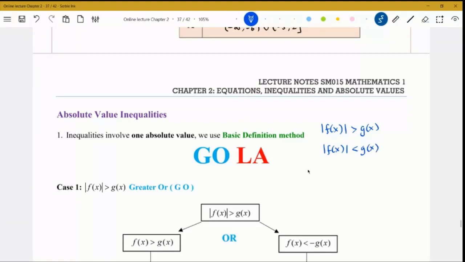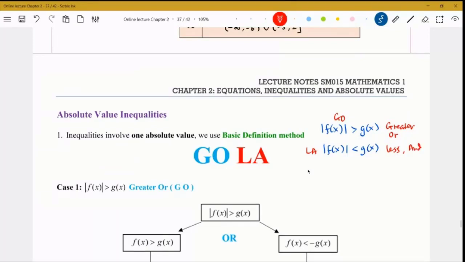So kita akan pakai method go lah. Go adalah greater and or. Untuk la is a less and we have and.